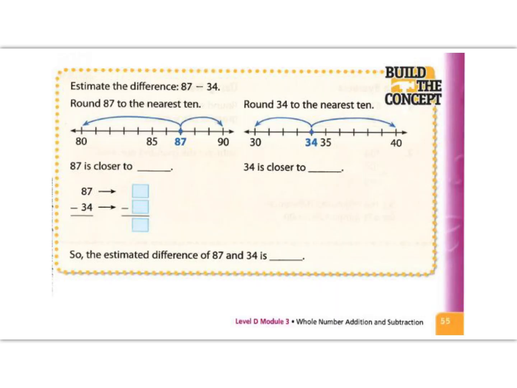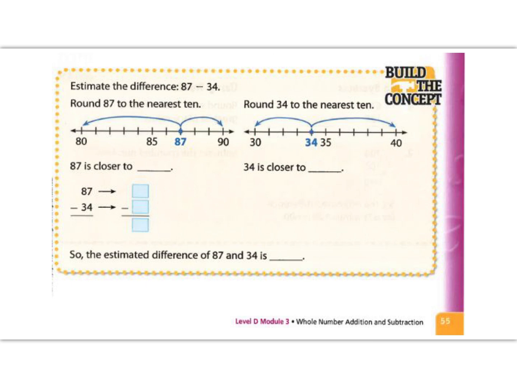So here is using a number line. We can see it says estimate the difference 87 minus 34. Round 87 to the nearest 10. So here's 87. It's above 85, so it's going to round up to 90. And then 34 to the nearest 10, it's below 35, so that's going to round down to 30.